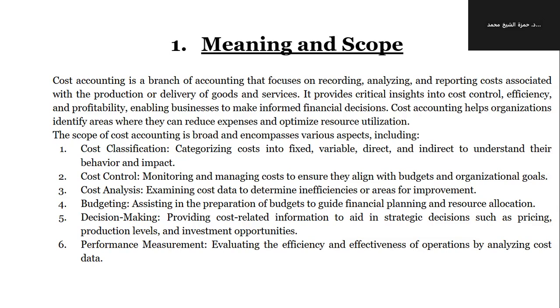By recording all the costs incurred to produce a product and analyzing them. Analyzing means classifying, making relations between them, and at the end giving me the result of that analysis in your report about the cost.